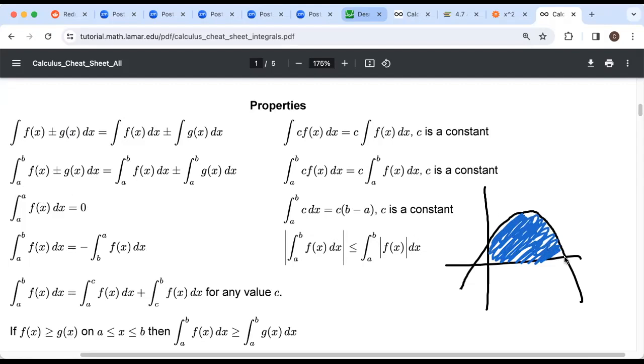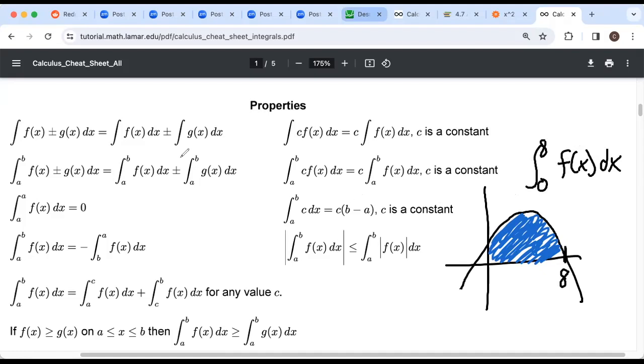Let's say this is 8, and this is 0 here. You're finding the area between 0 and 8. So if this curve is f of x, you could say this is the integral from 0 to 8 of f of x dx. That's what the bounds on an integral mean: the range in which you're finding the area.